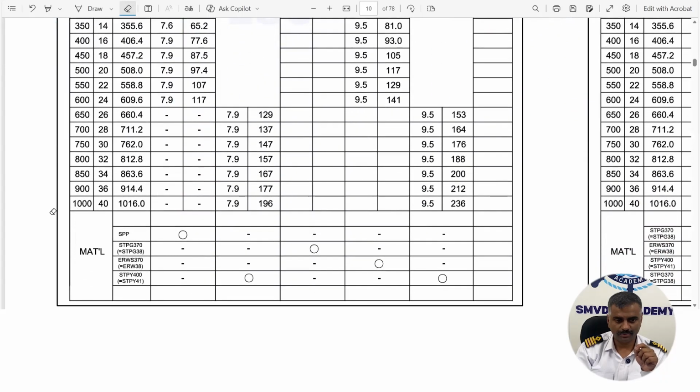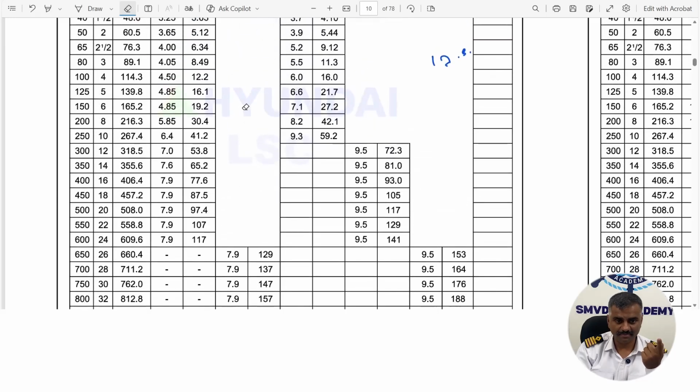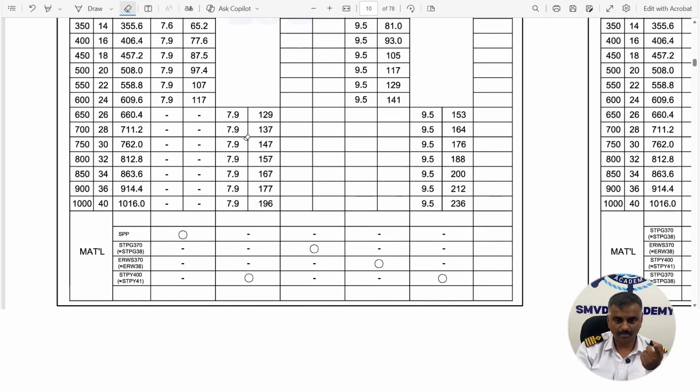Okay, 9.5 mm up to 1000 mm, and 236 kg per meter is the weight. The pipe material is STPY 400. STPY 400, because 400 is the tensile strength, 400 megapascals. So it is the maximum tensile strength. You can see that for the bigger pipes above 650 mm nominal diameter, either SPP pipes or schedule 40 pipes, both materials are STPY 400.